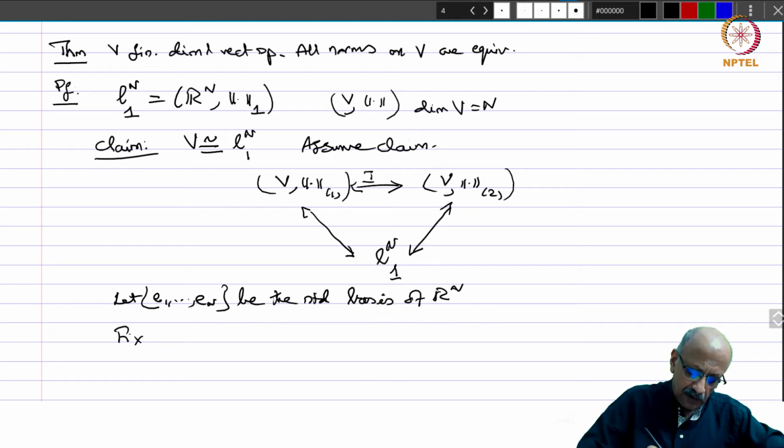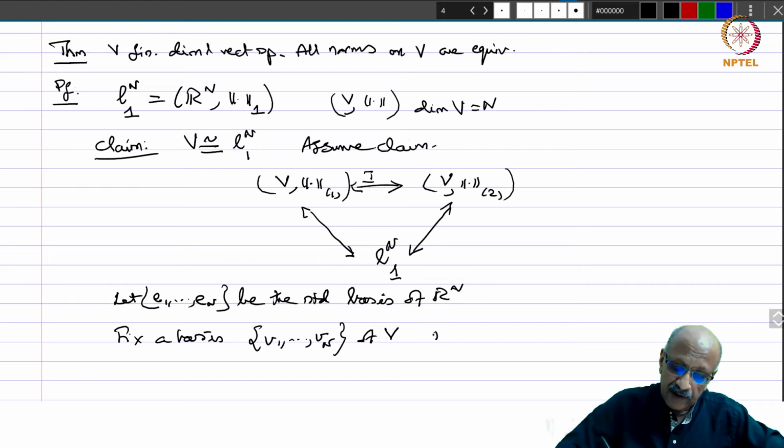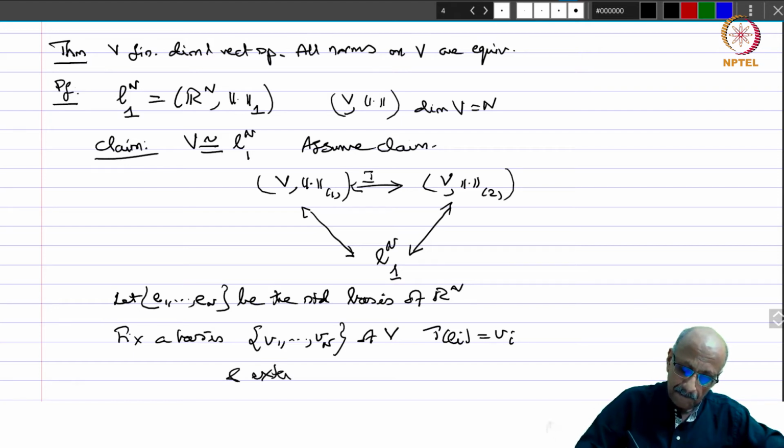Fix a basis v1 to vn of V, and you define T of ei equals vi and extend linearly.